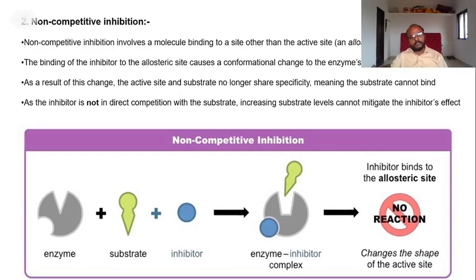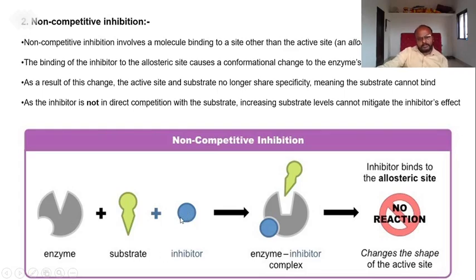In another way, there are non-competitive inhibitors, and this mechanism is called non-competitive inhibition. Non-competitive inhibition involves a molecule binding to a site other than the active site. That means in non-competitive inhibition, the inhibitor is not partially identical.